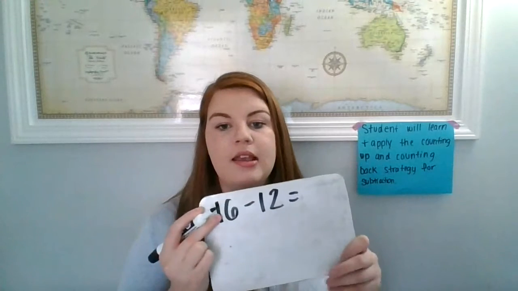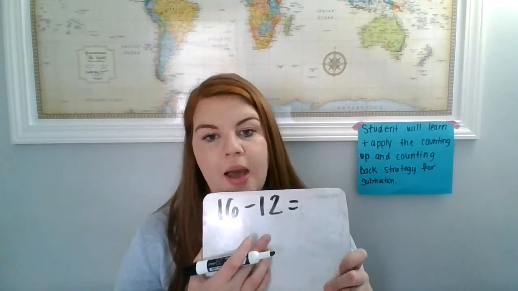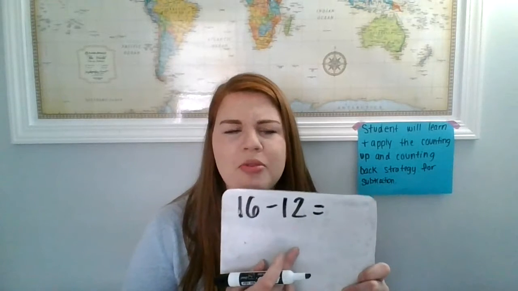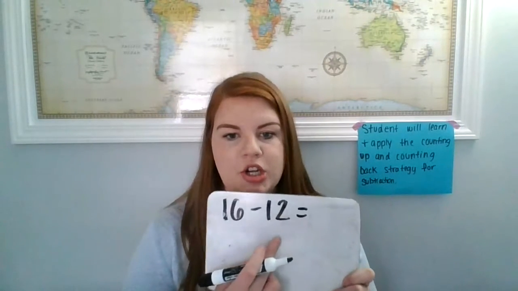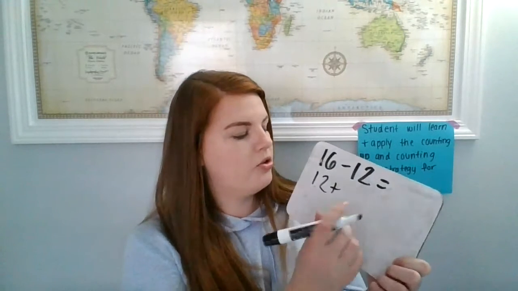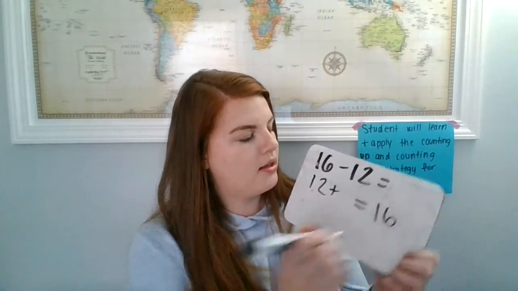Okay, I got one more. 16 minus 12. Now the problem says start at 16, take 12 backwards hops, but we're smarter than that. We know that taking 12 hops would take forever. So we're going to start at 12 and go up to 16. So it would actually be 12 plus what is going to equal 16.